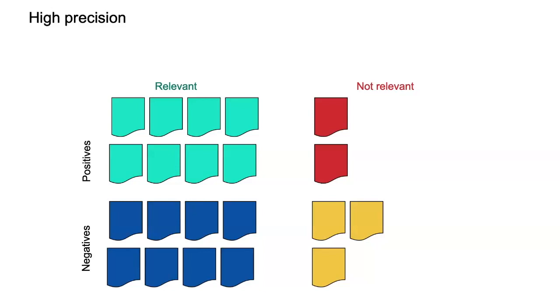Okay. Now, do we want precision or do we want recall? Well, ideally, we would like both high precision and high recall, right? This is a system that has high precision. Why? Because I don't have so many false positives, right? So the non-relevant positive part is almost empty. That's actually a precision of 80%, exactly.